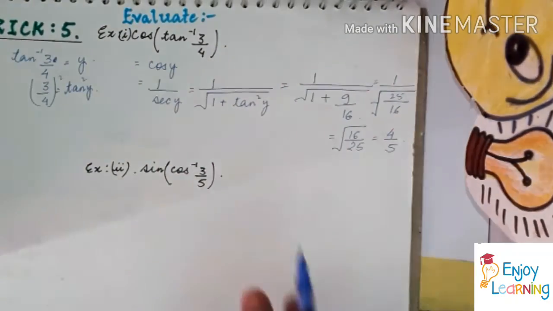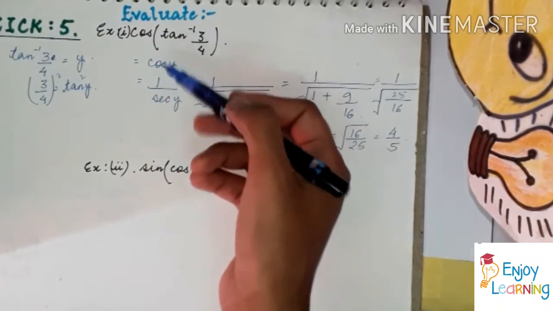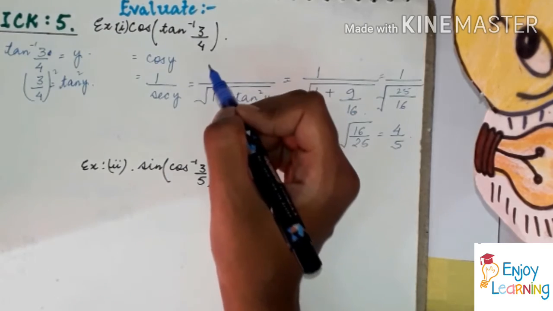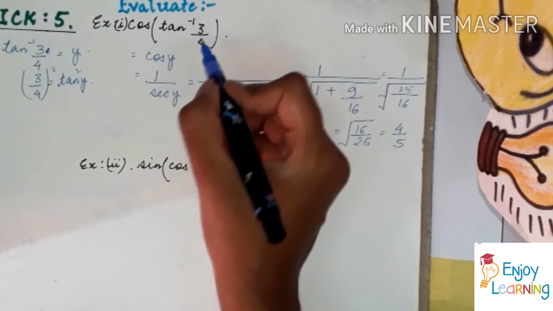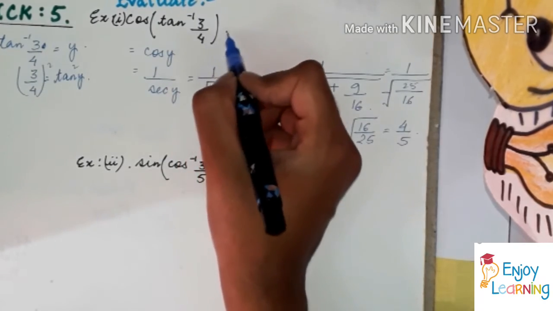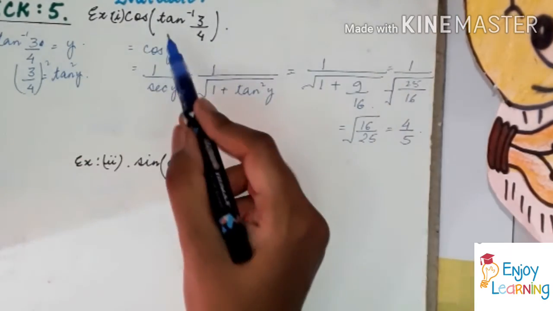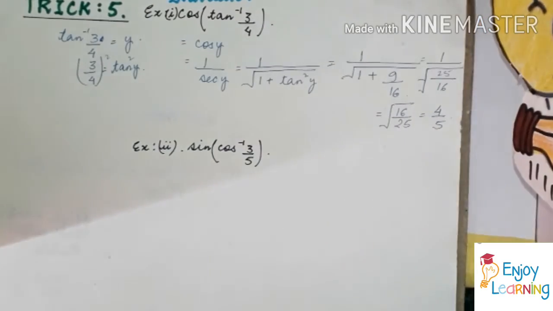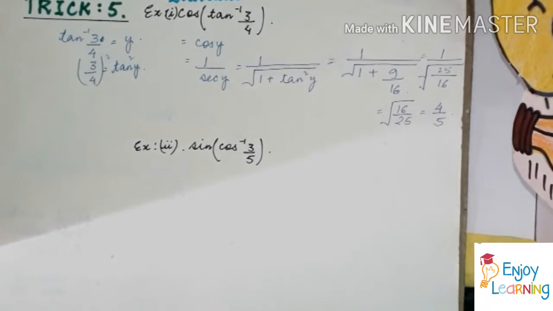This is such a complicated function here, and you have simplified it. So the trick in the type 5 questions is that you have to let the inverse trigonometric function, that means the angle, be y. And then the question gets simplified. It is cos y, and then you can use this procedure.